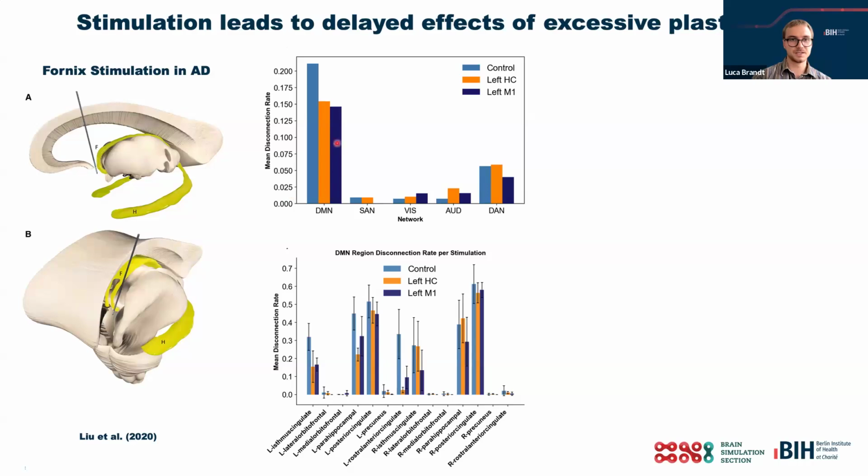And what you see here is the disconnection over the different functional networks we were investigating earlier. For the default mode network, here you see the control. The mean disconnection rate reduces by nearly 25% after stimulation.